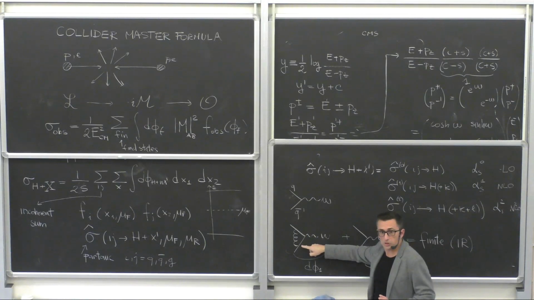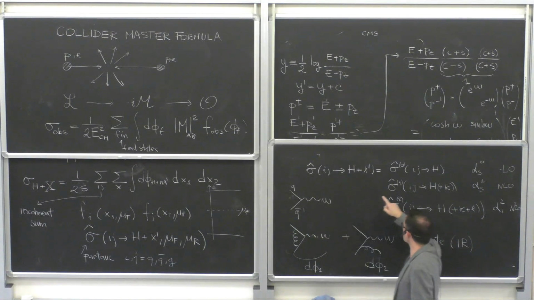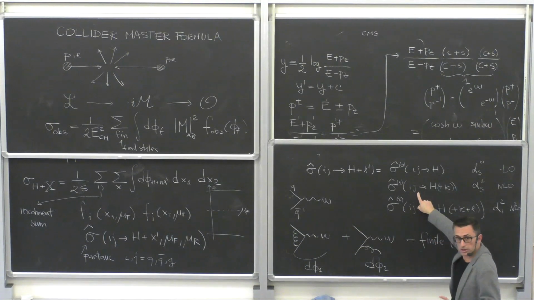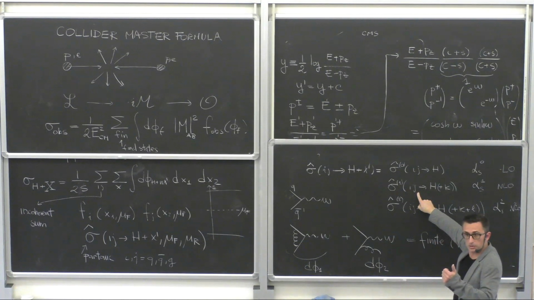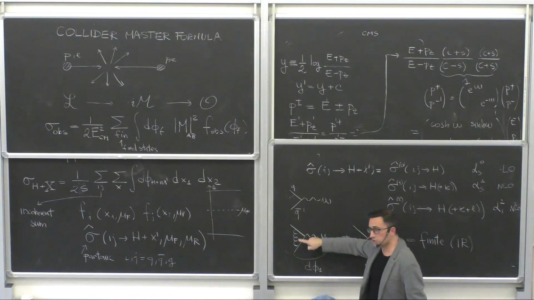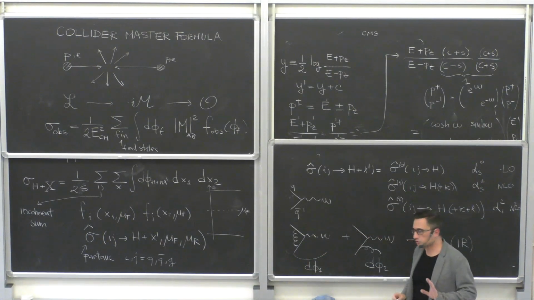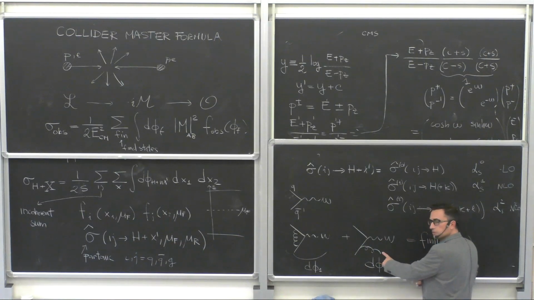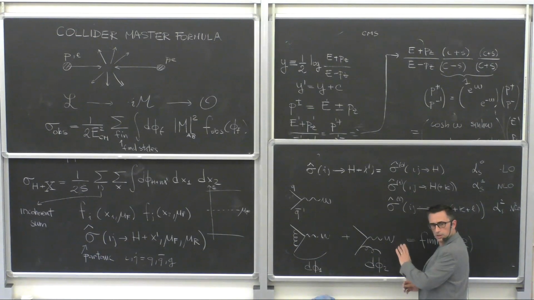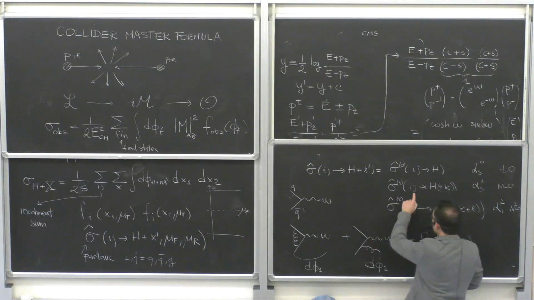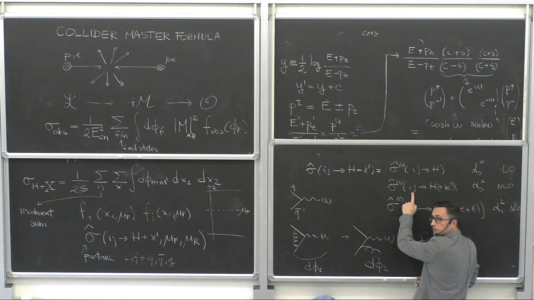So the virtual has no extra parton, but it contributes here because it's higher order in alpha S. It has two powers of g, and I interfere it with the Born, so it stays at order alpha S. This one, I interfere it with itself, I square it, so it's also alpha S. So these are two different final-state topologies, but both of them enter here.